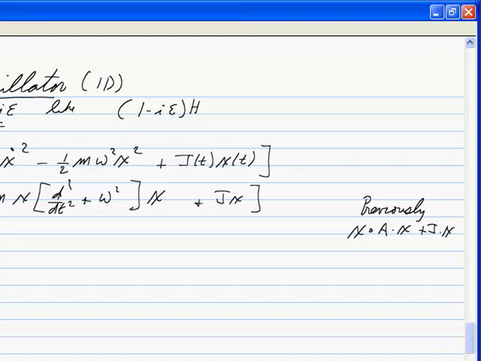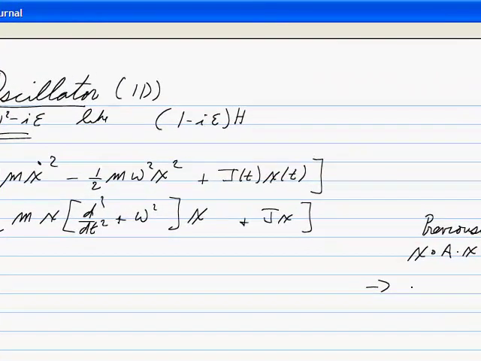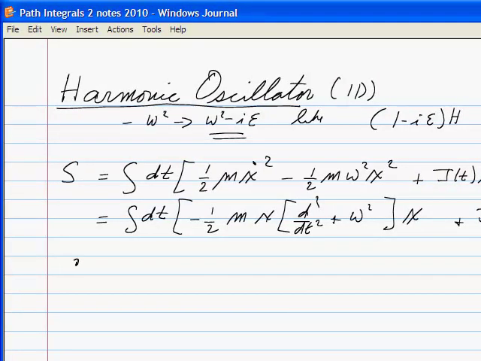If you go back and make these discrete, this is like the j dot x, and this is like this matrix x A x, and I solved that using this Gaussian integration, and I ended up with things at the end that look like j A minus 1 j. And that's going to be the same thing here. We're going to end up with a j A minus 1 j. This is A, and A minus 1 will be a propagator, a Green's function, the inverse of that. Okay, so let's just do the calculation. I'm going to do the calculation by completing the square.